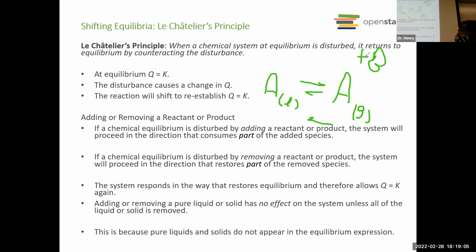Even though gas B isn't part of the reaction, why is it going to push it back into the liquid phase? That's right. Because it's taking up more space, it's going to drive the equilibrium. But that's only in the cases of gases.